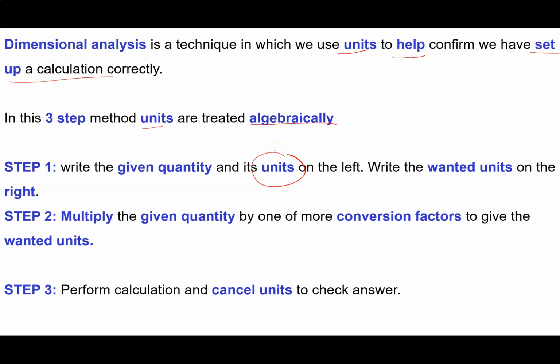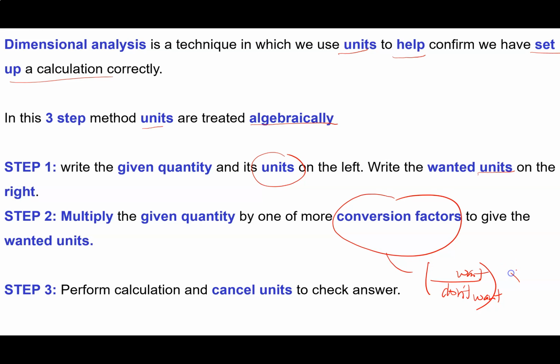of the page, and then you write an equal sign, a space, and the wanted units on the right of the page. Then you multiply your given quantity by one or more conversion factors, which, if you remember, are just fractions. They're fractions that have the units that you want on the top line and the units that you don't want on the bottom line.